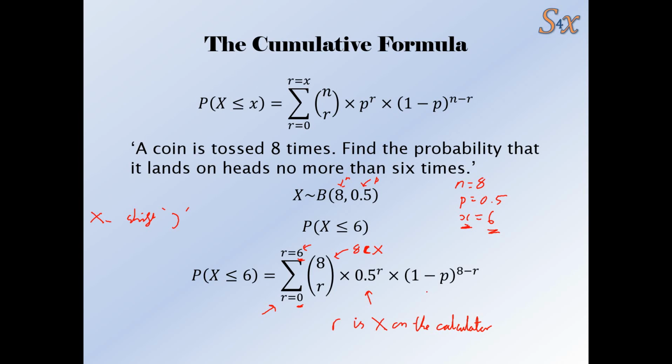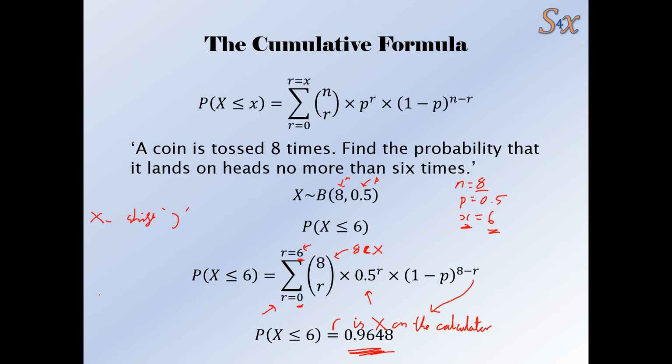Then we're going to multiply by 1 minus 0.5, which is 0.5 again, to the power of n, which is 8 in our case, minus r. And remember again that r is x, so we just put shift, close bracket to get the x up. If we press equals there, we get 0.9648 on the calculator, and that works that out for us.